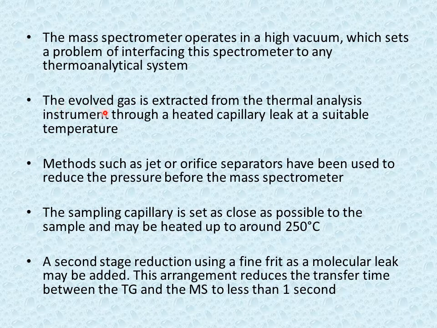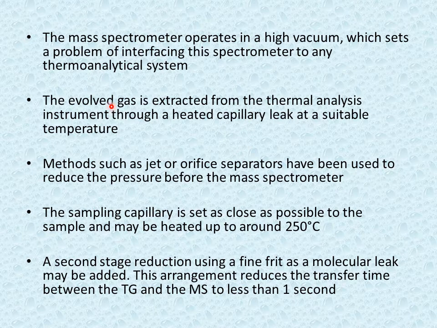The evolved gas is extracted from the thermal analysis instrument through a heated capillary leak at a suitable temperature. So now we are moving towards evolved gas analysis. We are studying some thermal technique like TGA, DTA, DSC, whatever it is, and gases are evolved there.